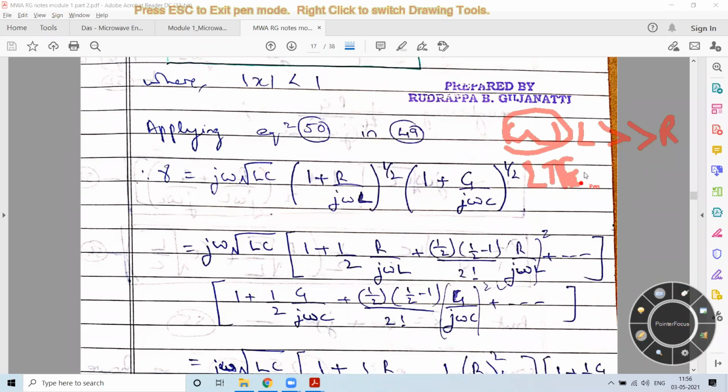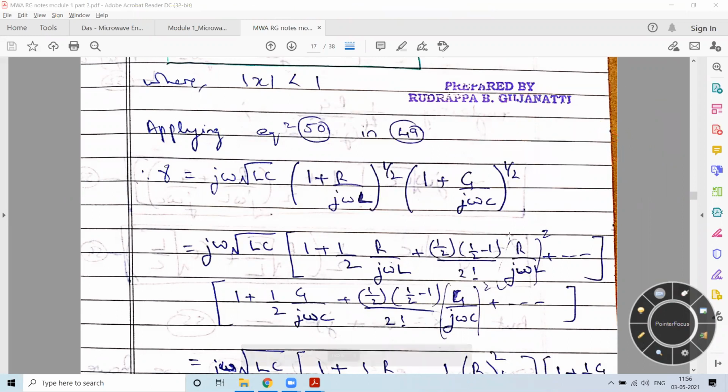So if f is in terms of 10 raised to 9, because it is in gigahertz, say if it is 1 gigahertz, it is 2 pi into 1 into 10 raised to 9, and resistance, say if it is in ohms, 1 ohm, 10 ohm. So at microwave frequencies, omega L is very much greater than the resistance.